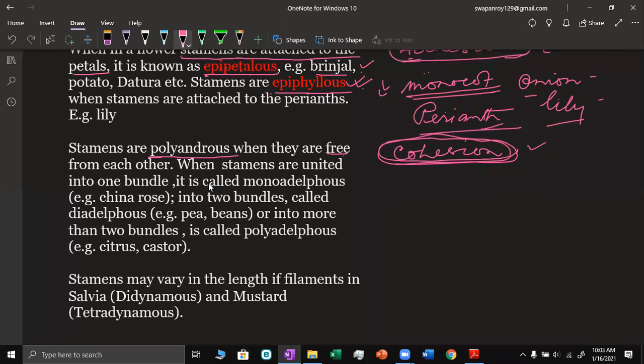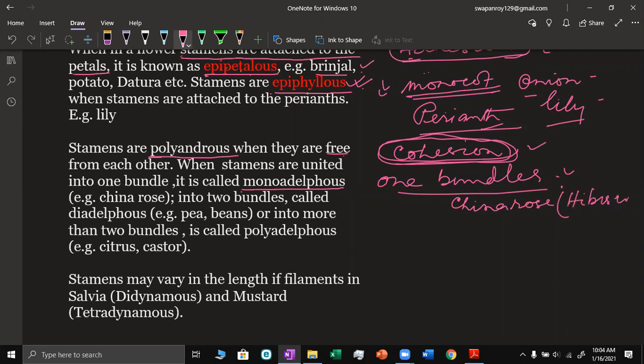One type is called monadelphous. Mono means one, so all the stamens form one bundle. This is found in China rose, hibiscus, family Malvaceae.